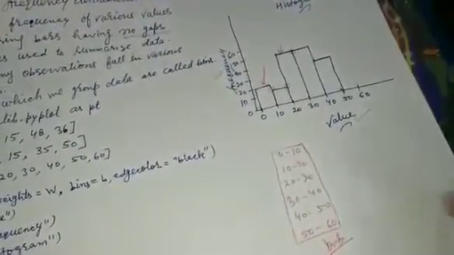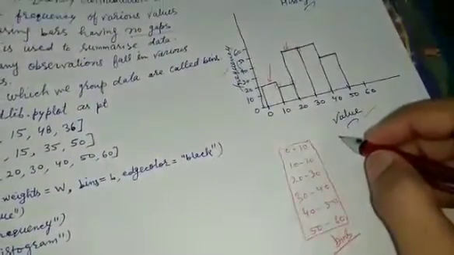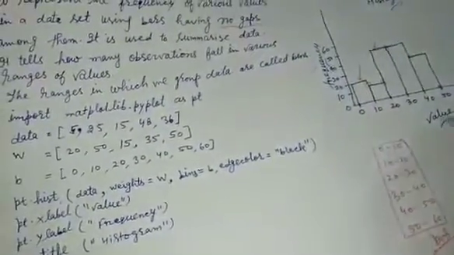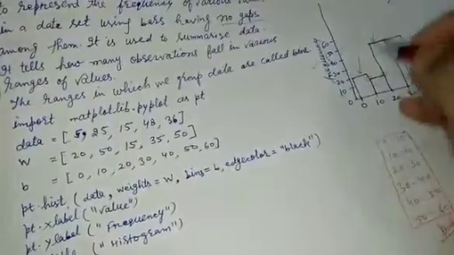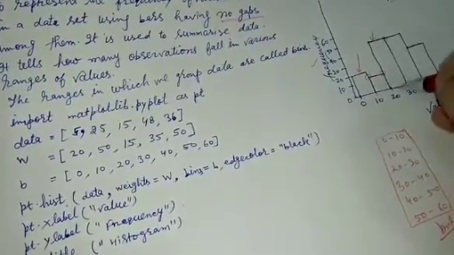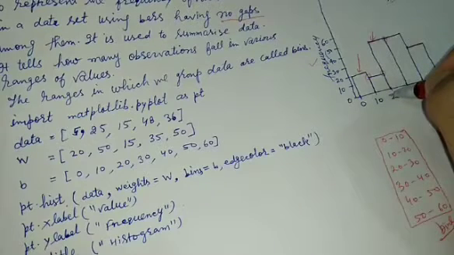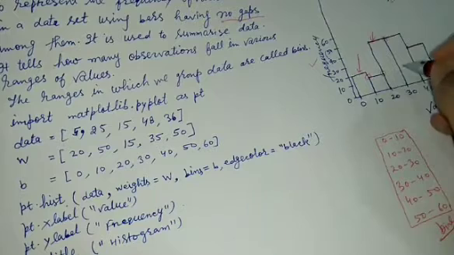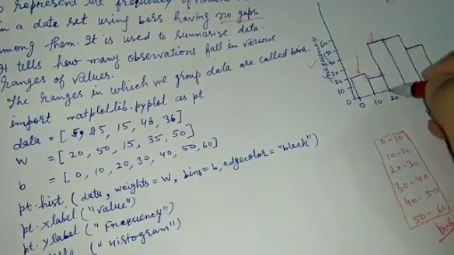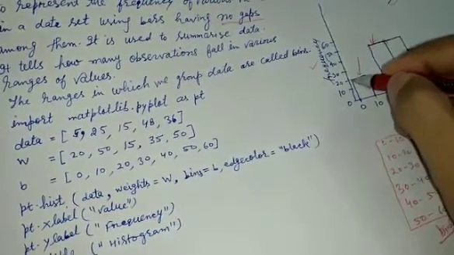So in this histogram, if you take this example, data is 5 in 0 to 10, and the width is 20. So this will create a graph like that.